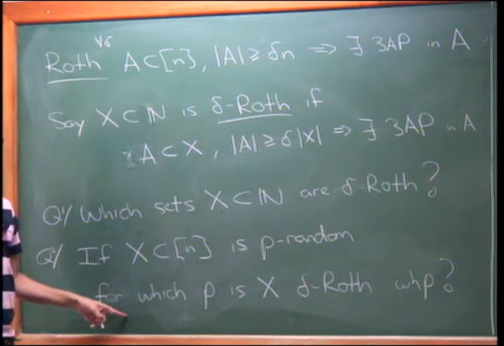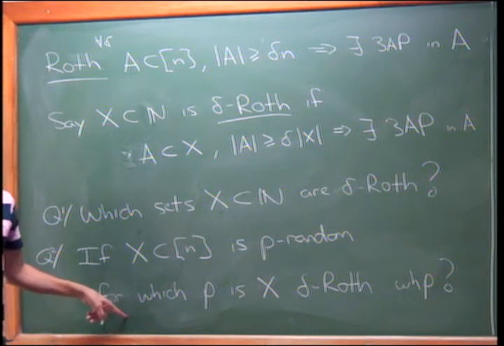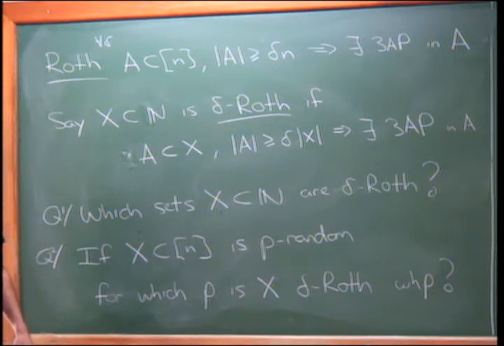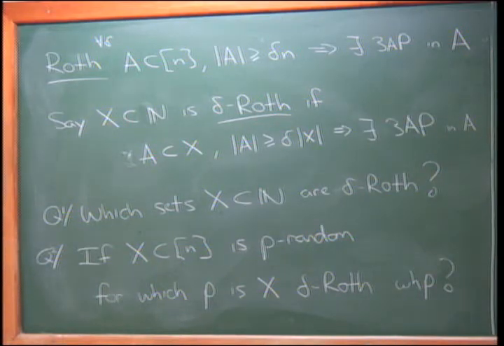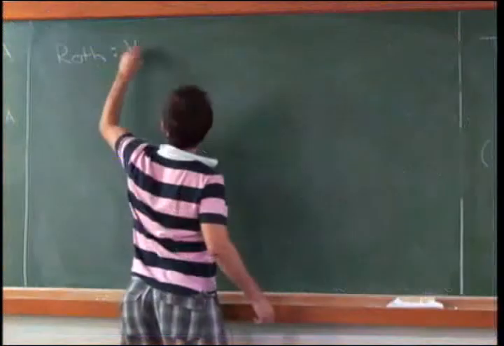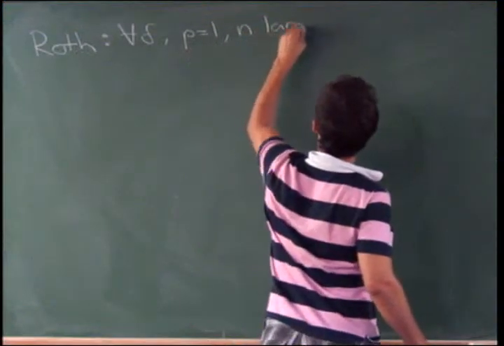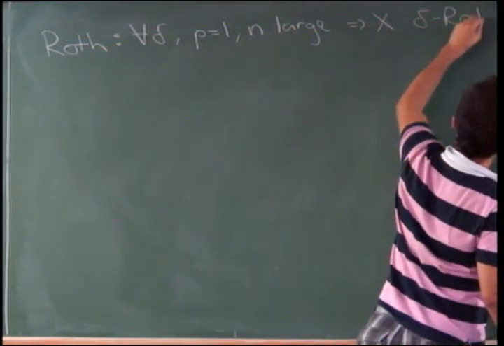So in this form, what does Roth's theorem say? It says that if p is 1 and n is large, then X is delta Roth. So Roth: for all delta, p equals 1 and n large implies X is delta Roth.